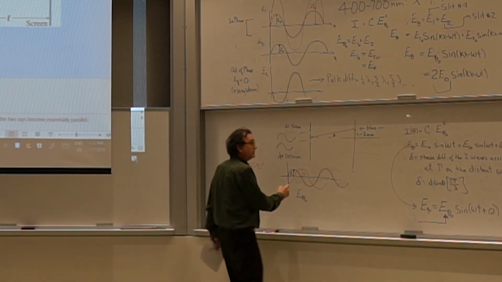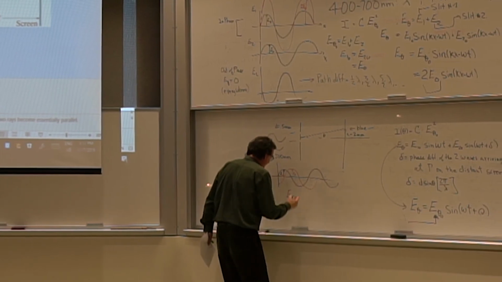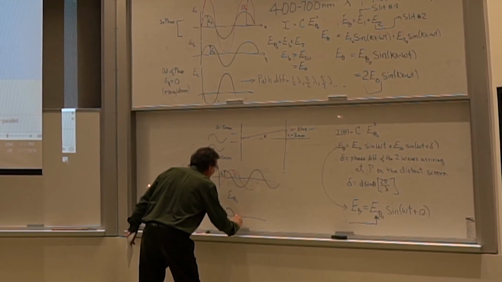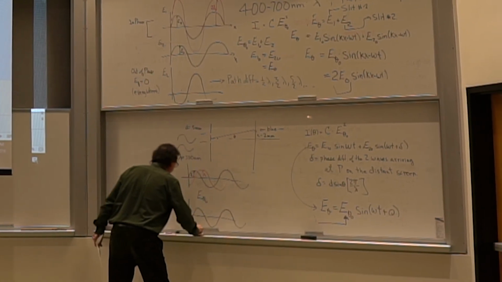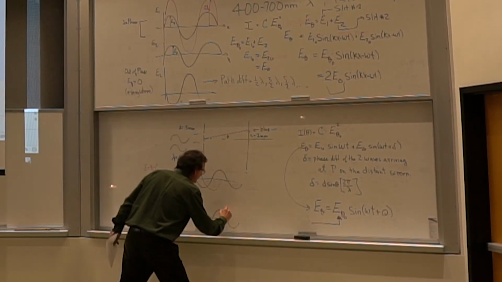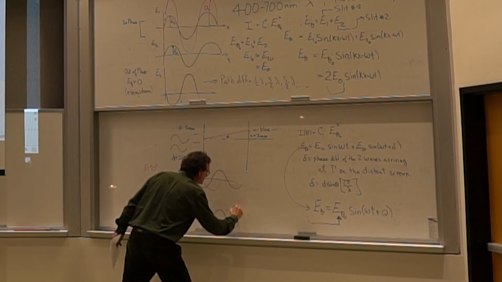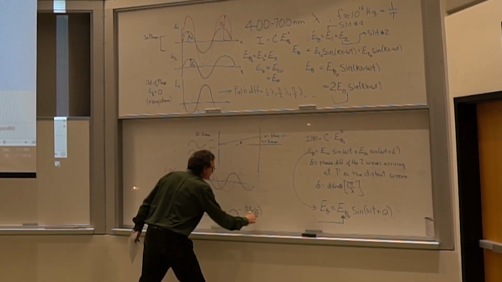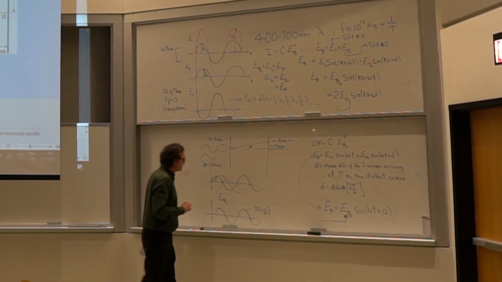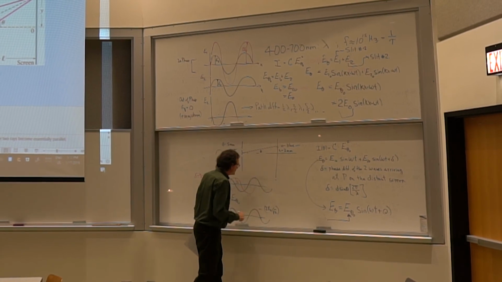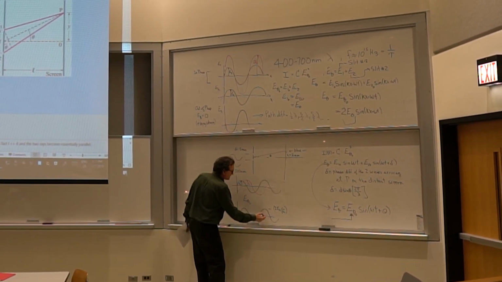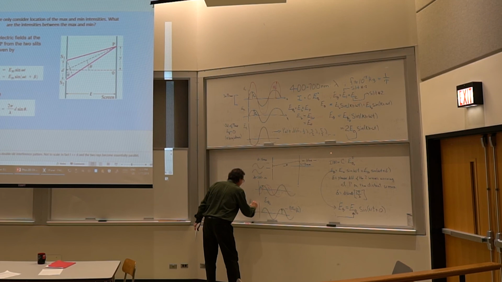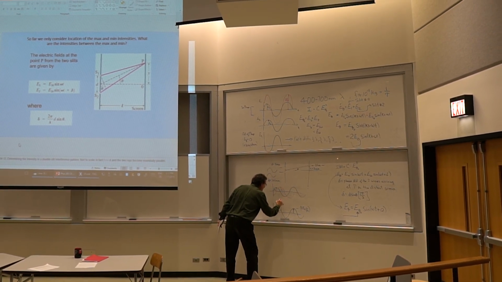If I actually wrote the sum down, now I've got a new wave, and I don't know exactly the phase, but the amplitude for this particular case, which I have calculated, is 2E0 divided by the square root of 2. So you can see it's not 2 times E0, it's actually been reduced. We're going to calculate what this factor is, but the point is that once I know what this amplitude is, this is E theta, and this amplitude is E theta 0.